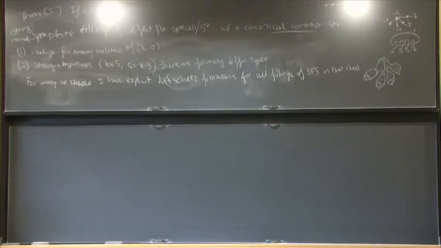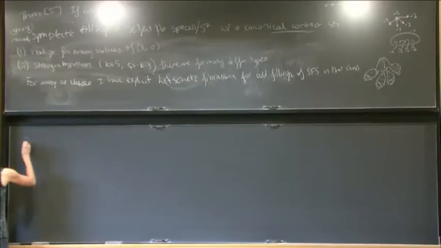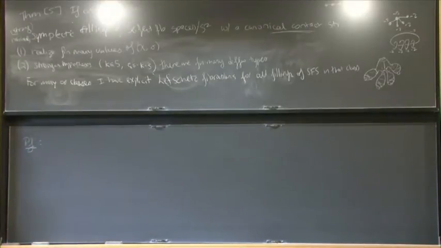So I want to tell you something about the proof, partly because the proof contains some of the computational information of what you would actually do if you wanted to figure out this sort of classification. So the proof idea is in some ways a generalization of what McDuff originally did for lens spaces L(p,1), and then Lisca later did for general L(p,q) lens spaces with a canonical contact structure.